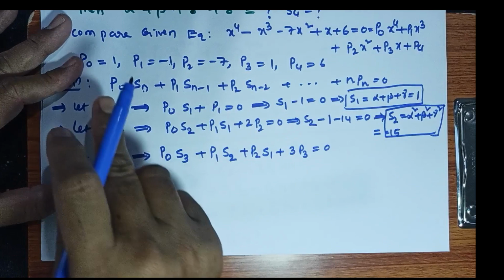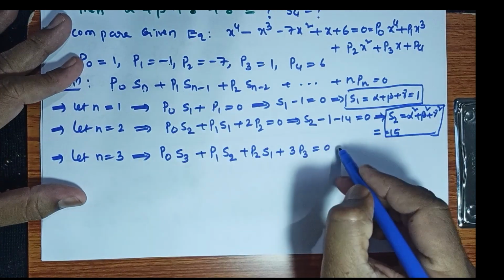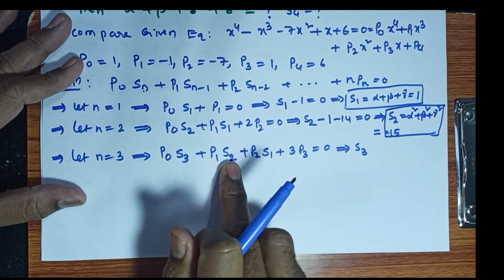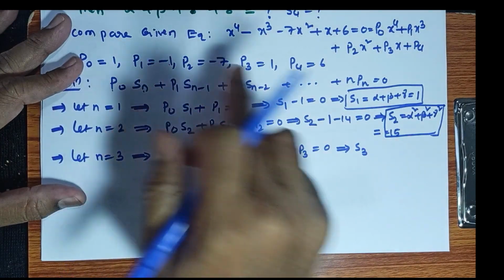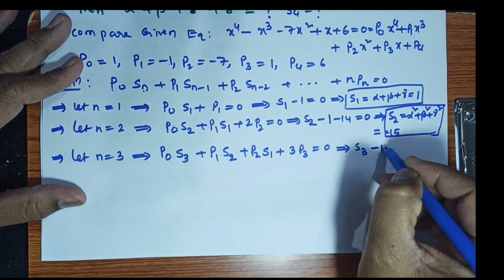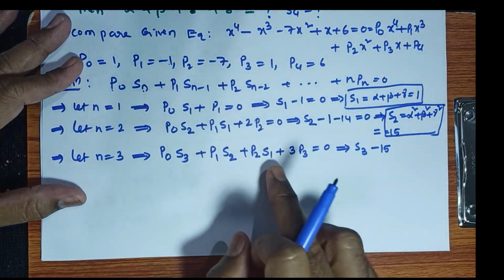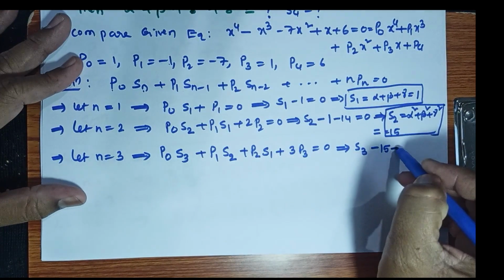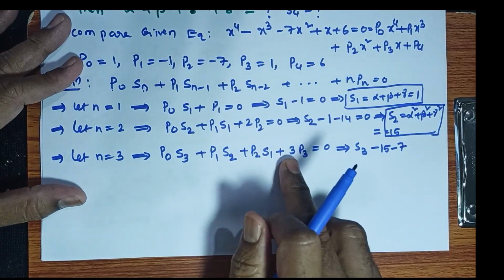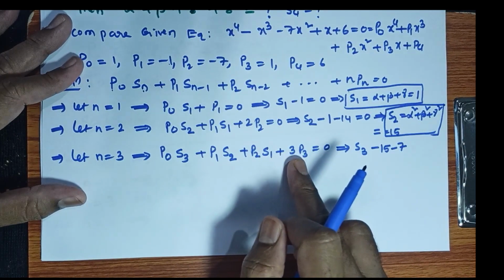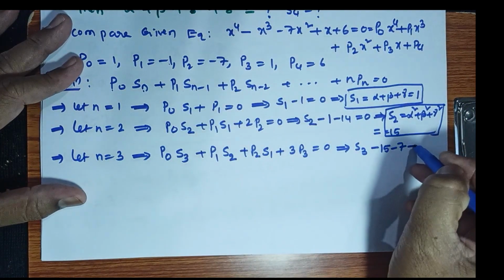The p0 value is 1, into S3 is S3. p1 S2: p1 is minus 1 into 15 is minus 15. p2 is minus 7 into S1 is minus 7. And p3 means 3 into 1, which is plus 3.